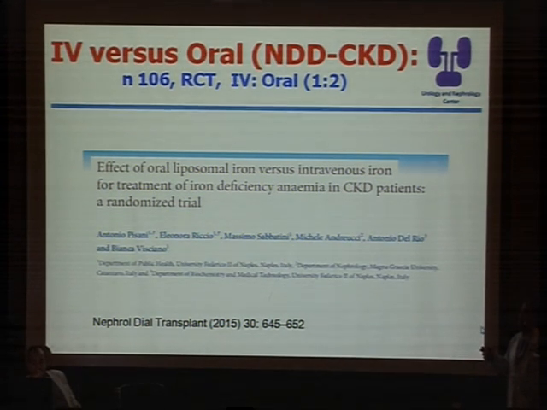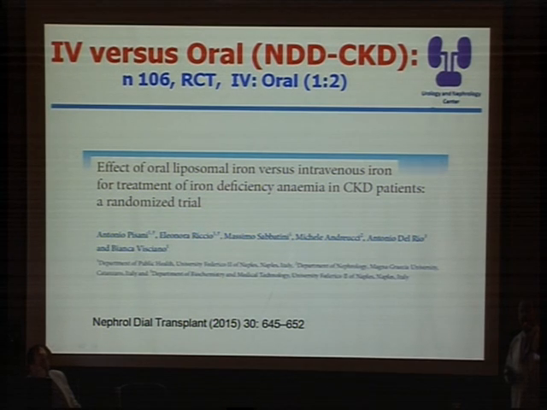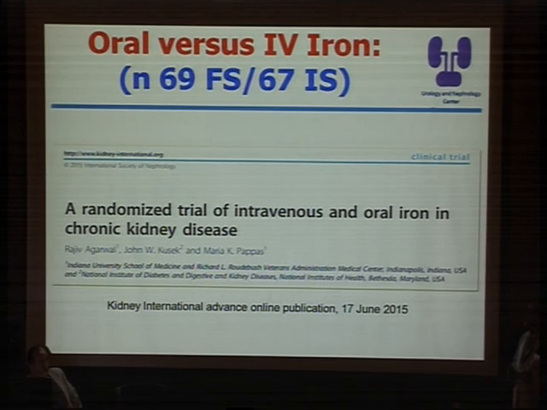Here they changed the technology of iron from the ordinary iron to liposomal iron. And in this study they proved that liposomal oral iron has the same efficacy as parenteral iron. So it seems that the new technology may help a lot in the treatment of anemia.